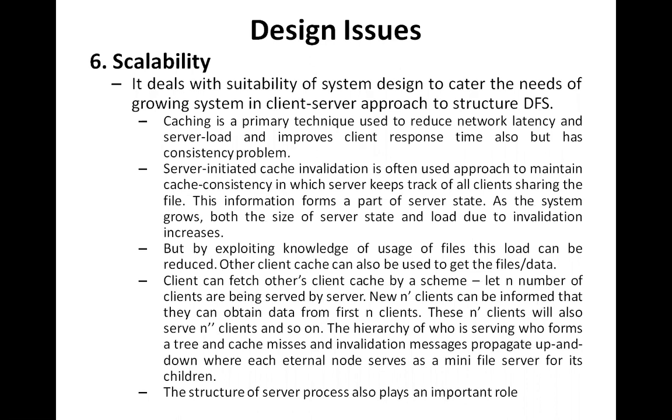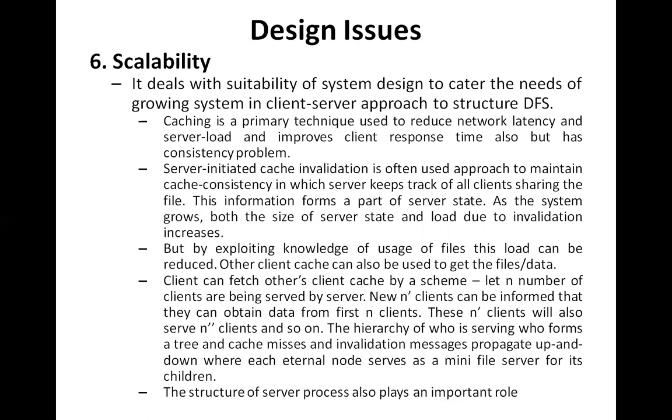As far as distributed file systems are concerned, we work in the client server organization, because we normally use this client server approach to structure the distributed file system. And we know that caching is a process by which we are able to reduce the network latency, as well as reduce the server load.